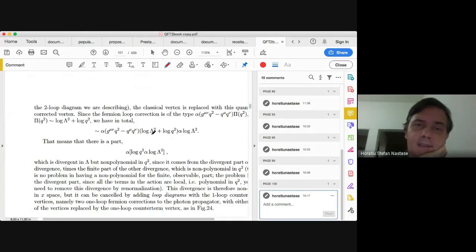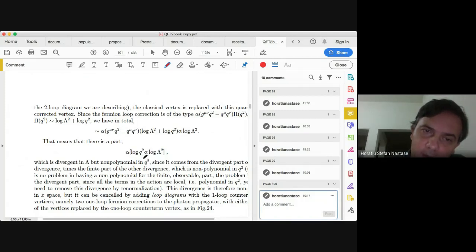So that means that inside this, there's a part that depends like log q squared times log lambda squared, and then there are also two alphas. So this part is divergent in lambda, right? When lambda goes to infinity, this log lambda squared goes to infinity. However, it's non-polynomial in q squared.